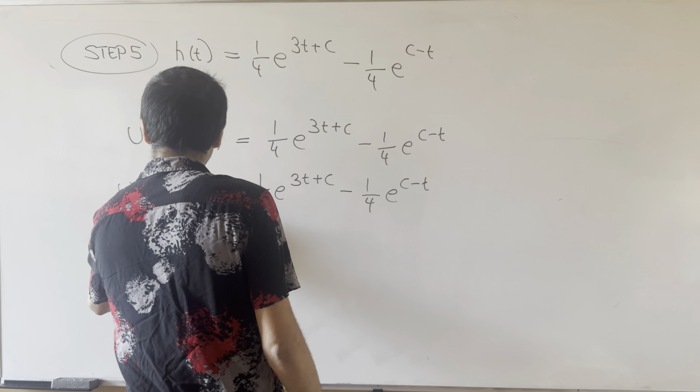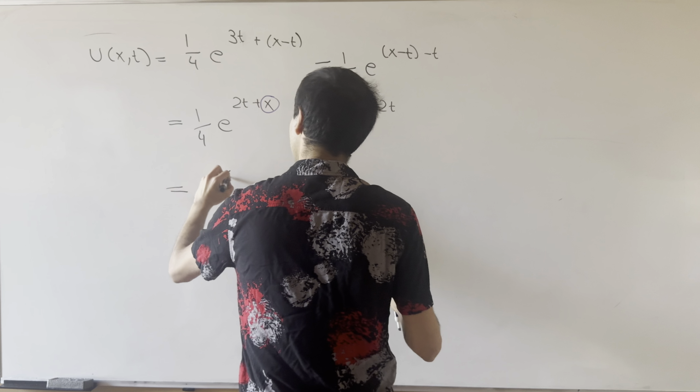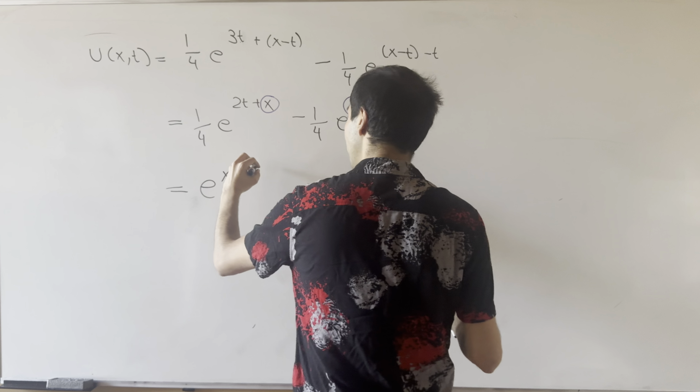And this we can simplify just a little bit further. So here I just rewrote it, and you get 1/4 e, I believe, of 2t plus x minus 1/4 e of x minus 2t. And now the cool thing is, by the way, there is a common factor of e to the x.